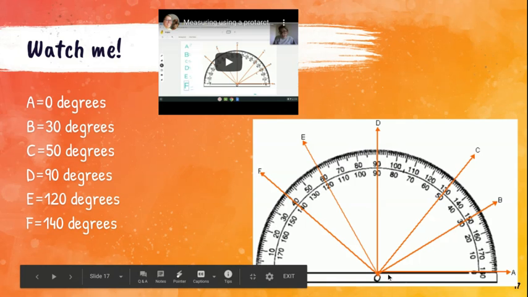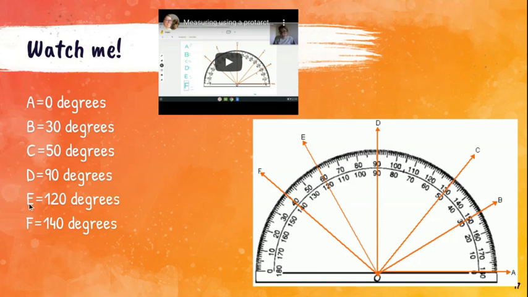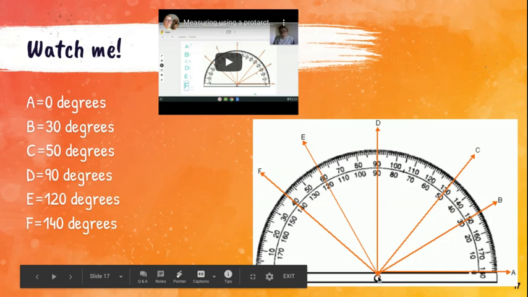C is measuring, I put my point on my protractor on my vertex, measuring to 50 degrees, C. D, again, same thing, vertex. I go all the way up and it's measuring at 90 degrees, D. E, take my protractor, put it at my starting point.